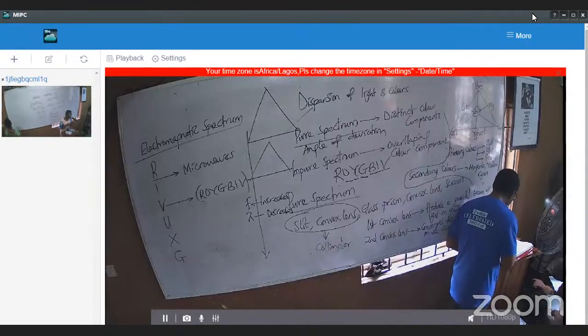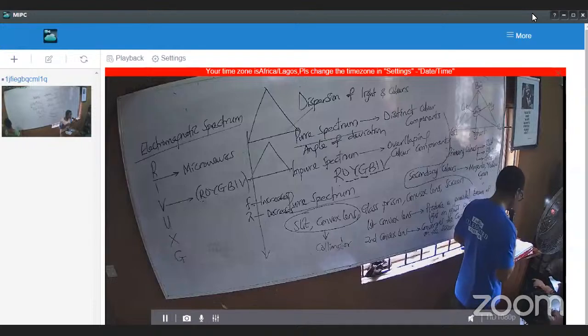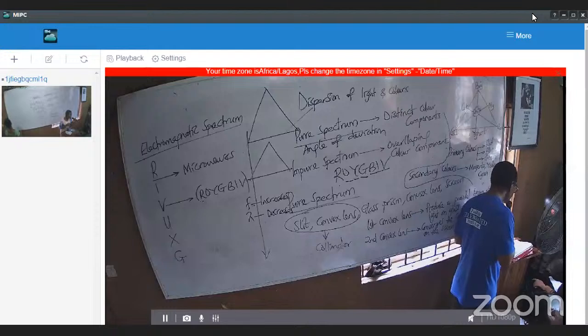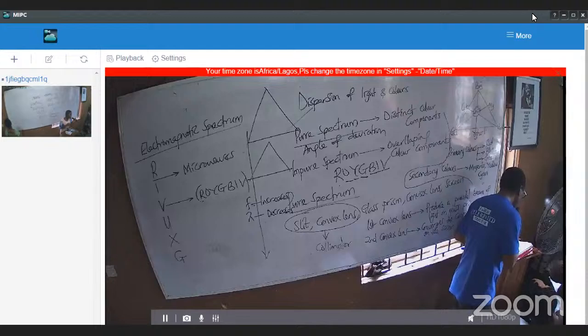Option C, X-rays. Option D, radio waves. Pick one. Class, what's the answer? Radio wave, good.